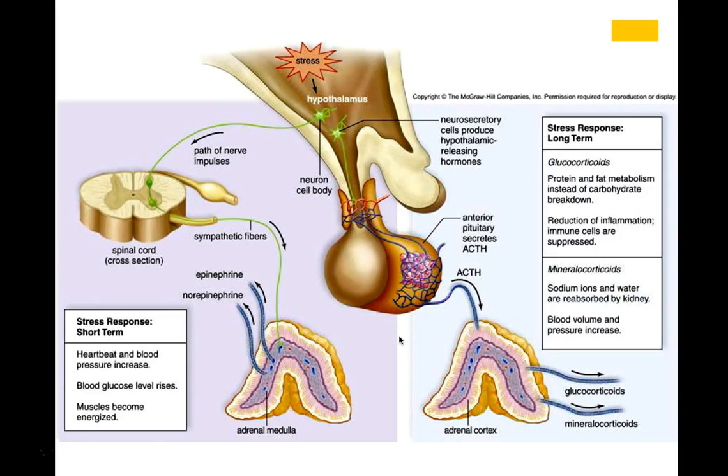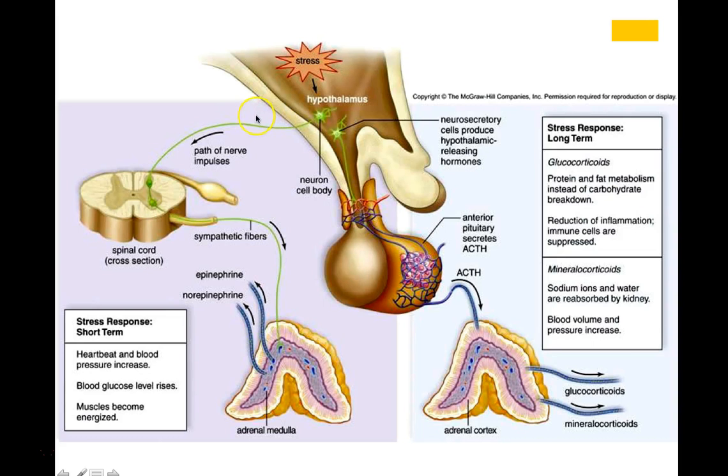Here's a nice image that depicts some of the functioning of the adrenal gland. Let's look at the short-term stress response. We have in our hypothalamus a preganglionic neuron that sends an impulse.